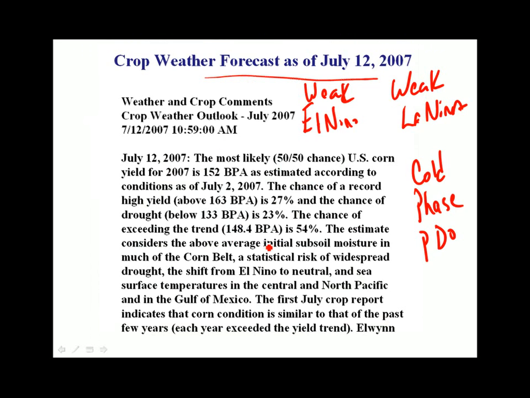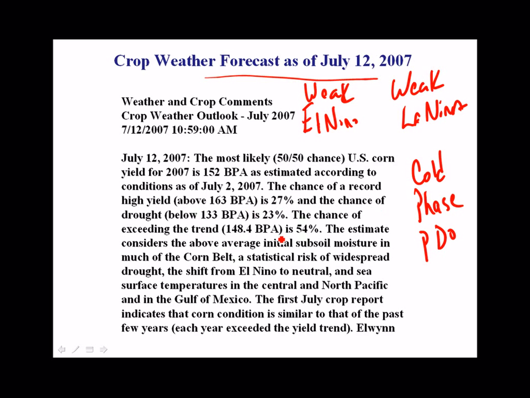But since it was so weak, we didn't see a reduction in corn yields. And in fact, he says right here there was a 50-50 chance. Corn yields for 2007 was about 152 bushels per acre. He said the chance of record high yield was about 27%. Chance of drought was about 23%. And so everything was about 50-50 in this.